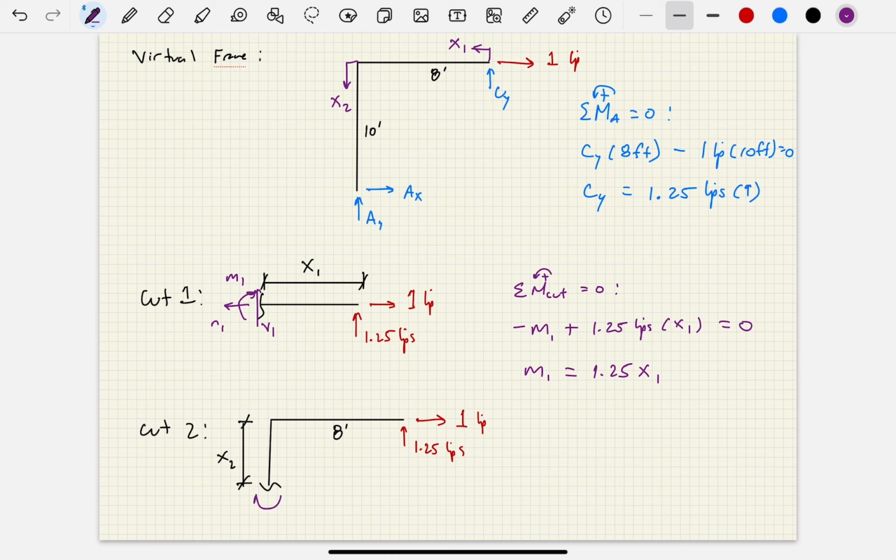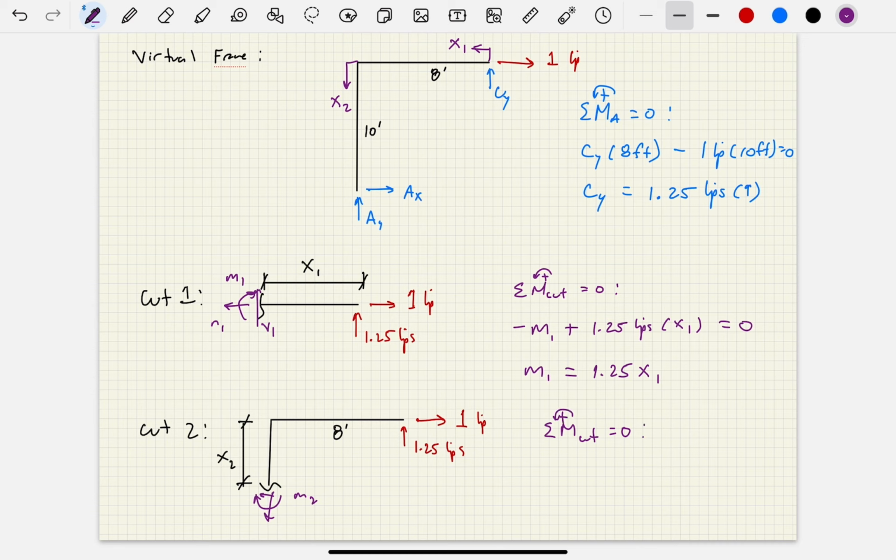Now, what's going to show up at this cut? Well, we're going to have an M2. That's what we're interested in. Is there a shear force and a normal force here? Yeah, absolutely, but I'm not interested in them. I'm really just interested in M2. So I'm going to go ahead and get that directly by saying sum of the moments about this cut equals 0.